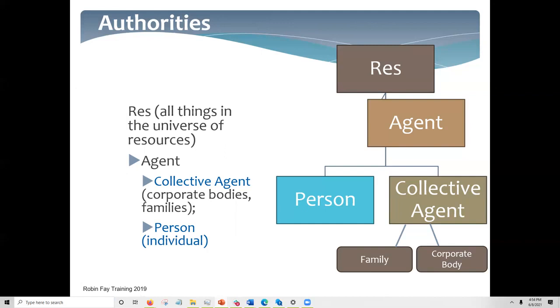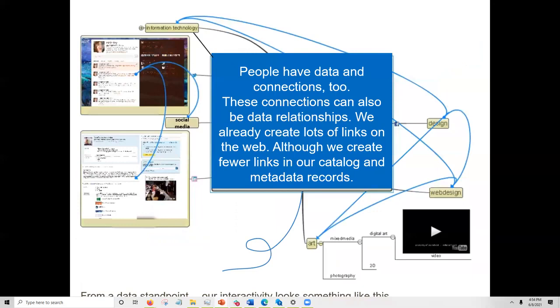There is that overlap with Dublin Core in terms of terminology. As cataloging moves forward, those of you who do more traditional cataloging will start seeing these terms too. So heads up for those of you catalogers. And for those of you working with Dublin Core, you're already starting to see the term agent, and probably the term collective agent, certainly in the Dublin Core manuals that you may be looking at.